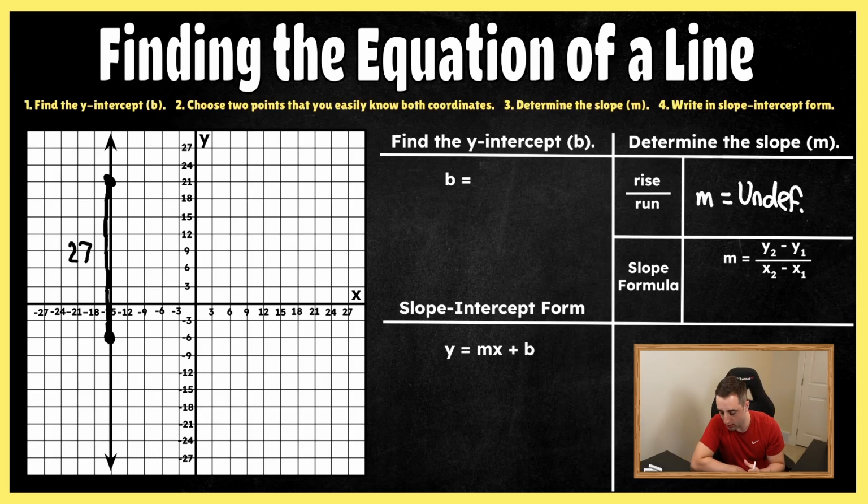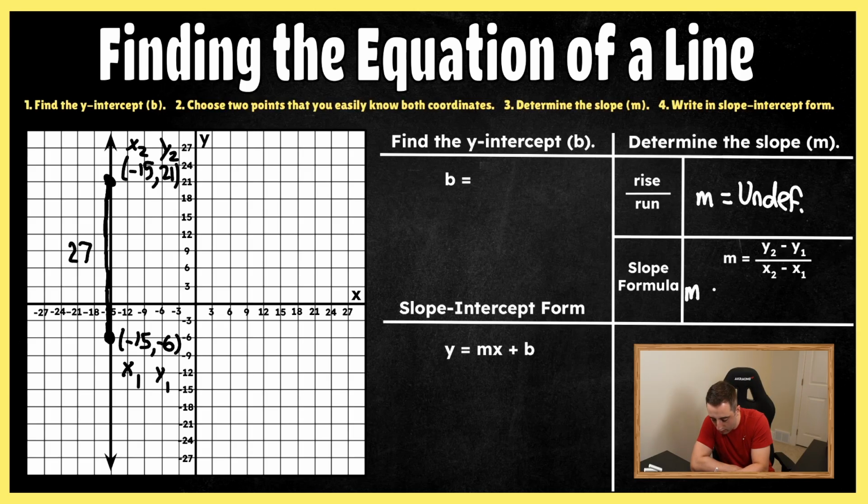So let's make sure that we still get undefined back with the slope formula. So let's write down our ordered pairs. This was (-15, -6), and this one up here is (-15, 21). I'm going to label this one down here x1, y1, just to show you that it doesn't matter, and this is x2, y2. So let's plug it into the slope formula.